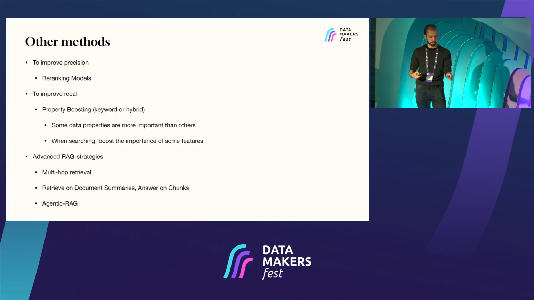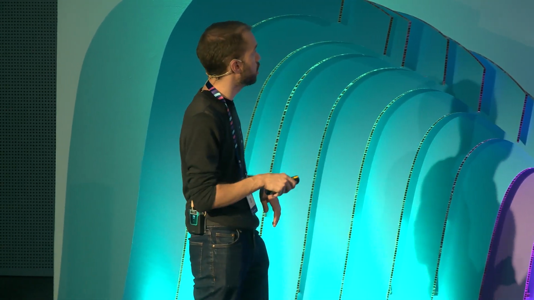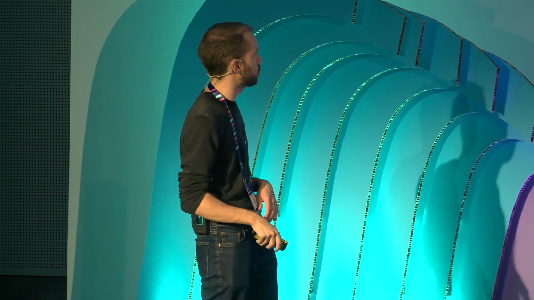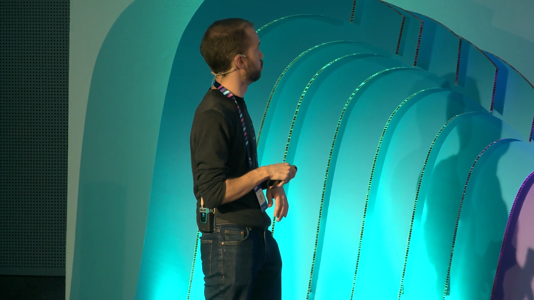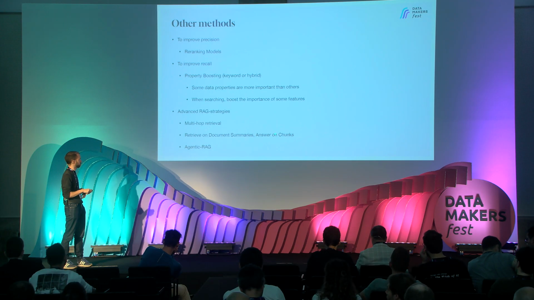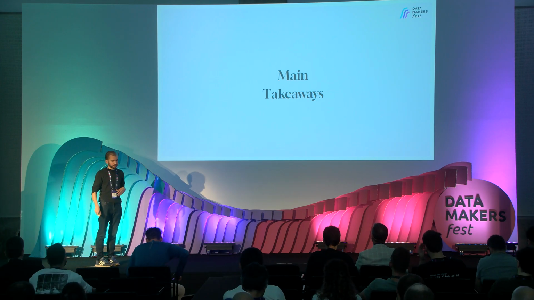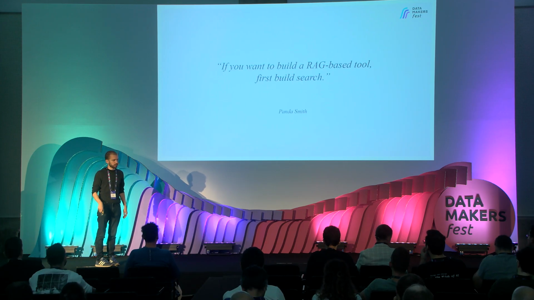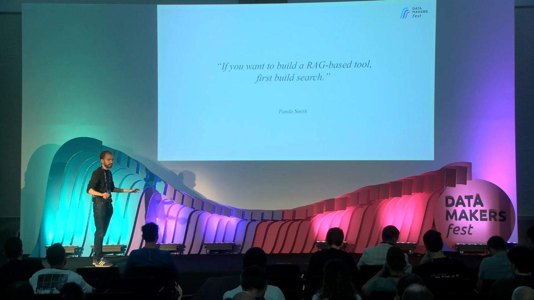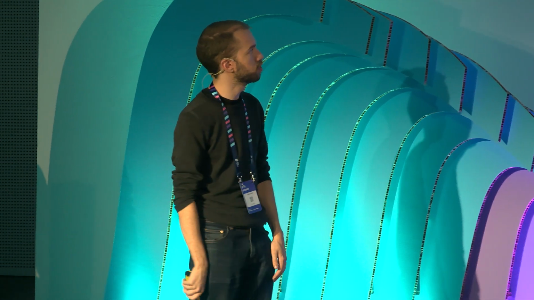So if a document is relevant, is it more relevant than a new document that came last week? Maybe. Use the benchmark to evaluate this. And of course, there are more advanced RAG strategies, multi-hop, retrieving, for example, document summaries, answering on chunks, and agentic RAG.